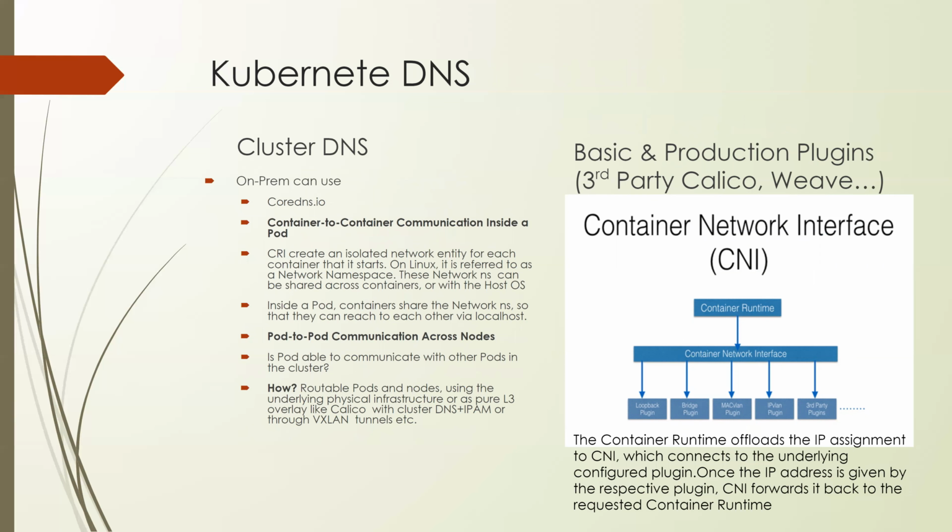Basic. There are basic container network CNI plugins, as well as production plugins, which are third party, like Calico, Weave, etc. If we take a cluster for on-prem use cases, obviously you need one IP per pod.